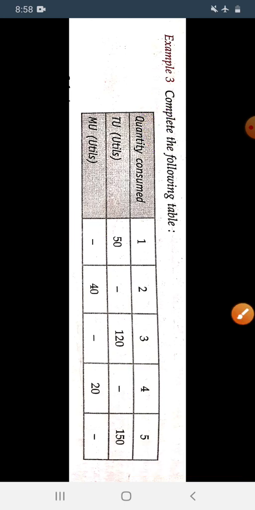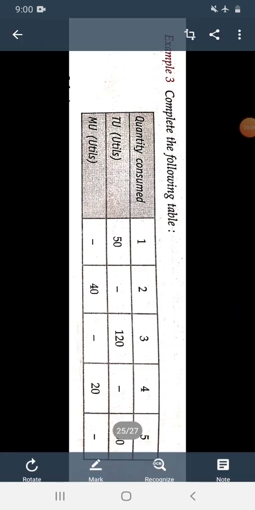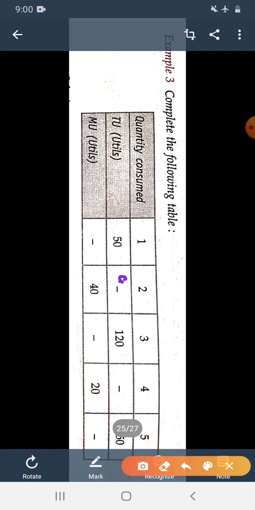Now the second task is to calculate the MU. Whenever we have to calculate the MU, what do we have to do? We have got the values of the TU, that is 90 and 140. We take the first value of MU as 50. Yes, 50. Then how will we calculate the third unit of MU? What is the formula?